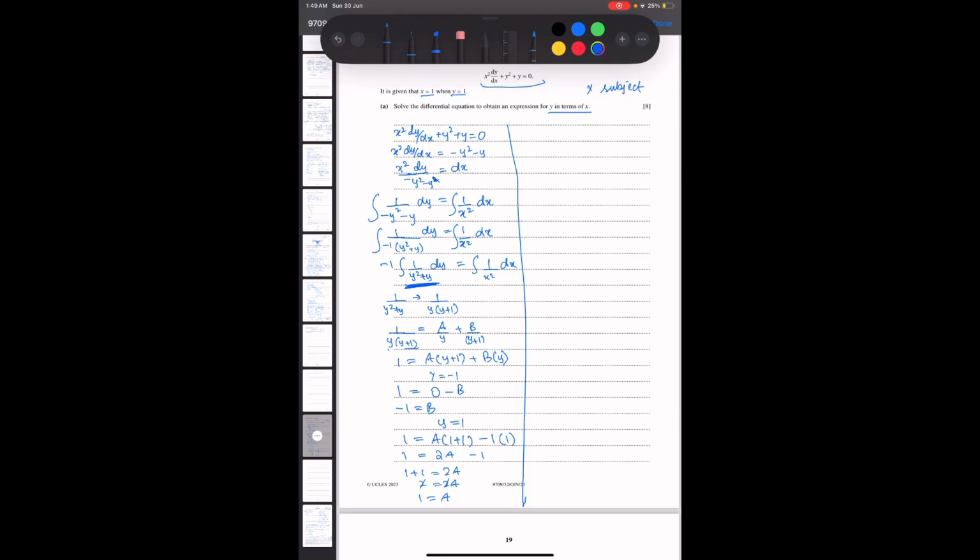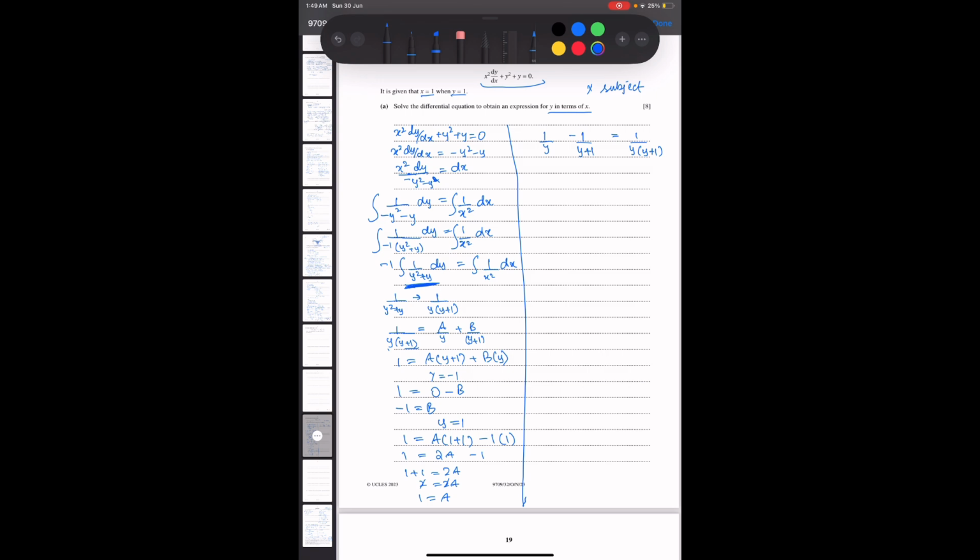So now basically a is 1 and b is minus 1. So this is basically 1 upon y minus 1 upon y plus 1, which is equal to 1 upon y into y plus 1.